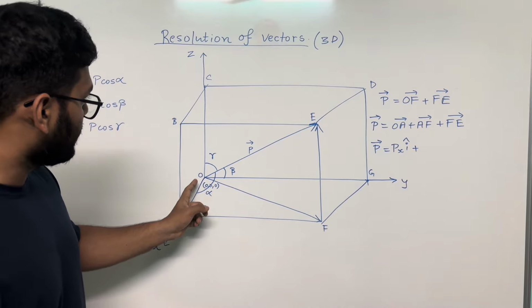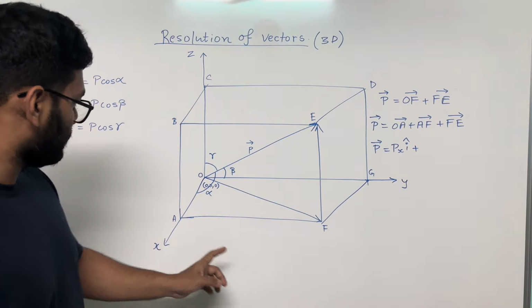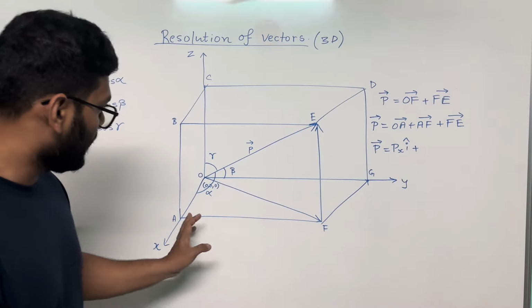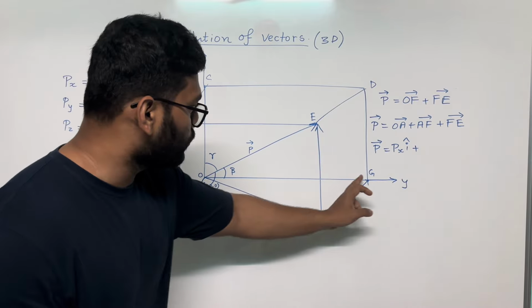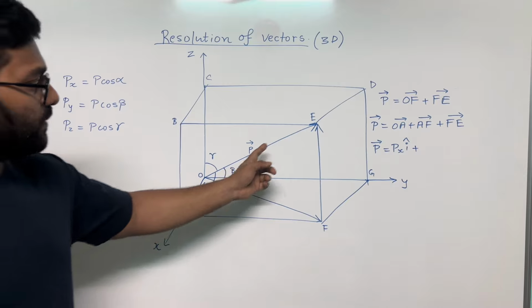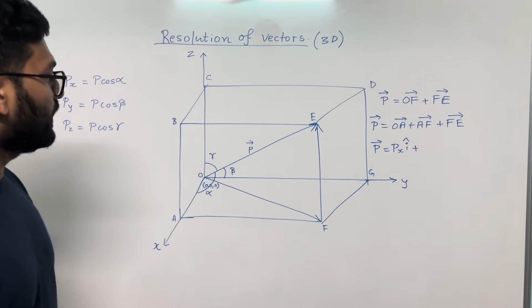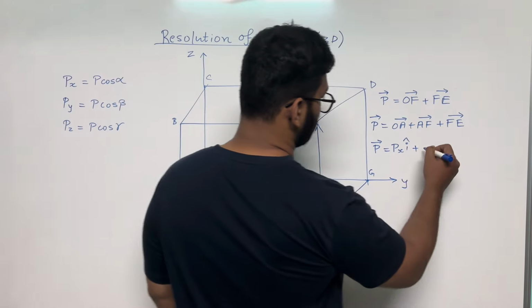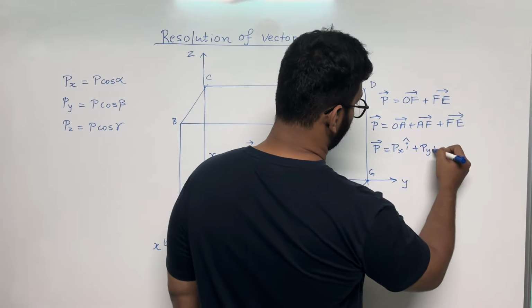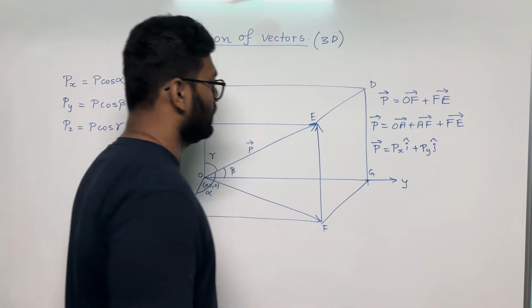So what is AF bar? AF bar is equal to OG bar, and OG bar is nothing but the component of this vector along the y direction. So that is going to be P cos beta, that is Py j cap.